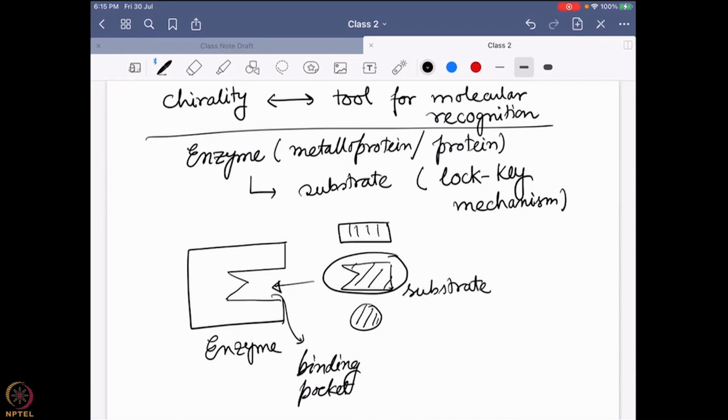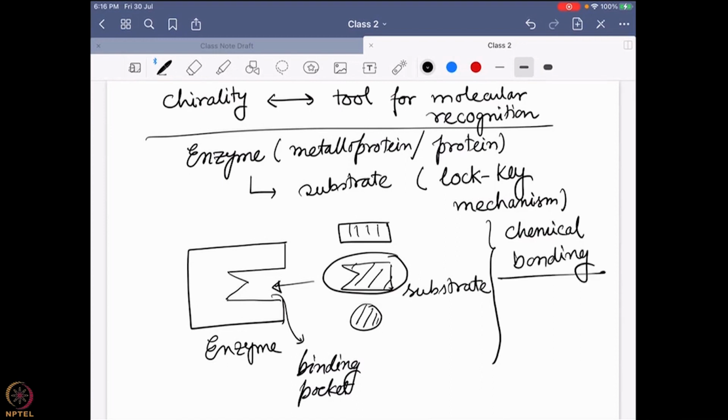Now the question is, how is it actually happening? It is not Lego formation in the molecule. The molecule has to recognize which molecule is coming. It is not only the fitting of the shape, but also the property of it. And those properties are defined by a lot of chemical bonding interactions.